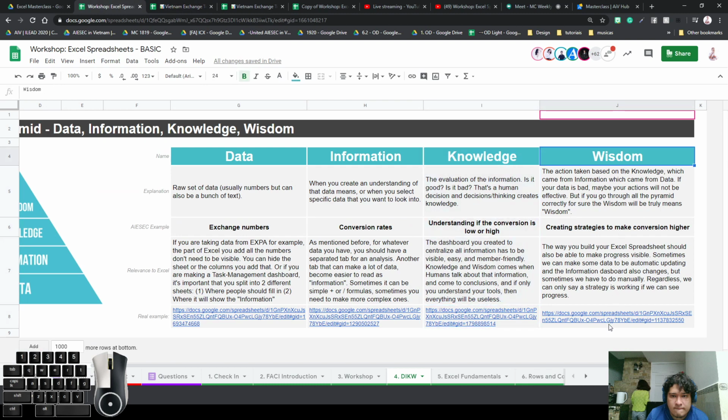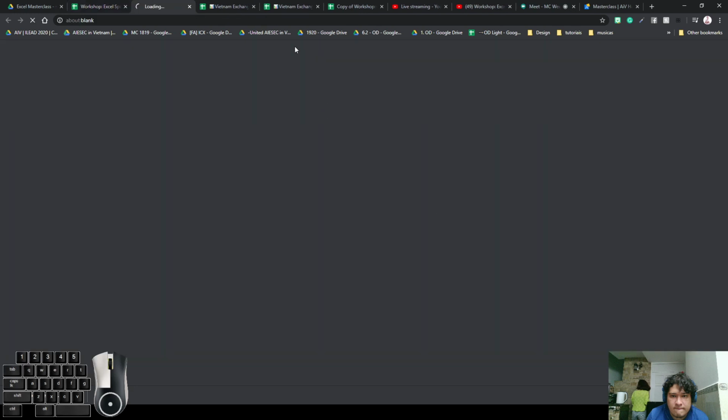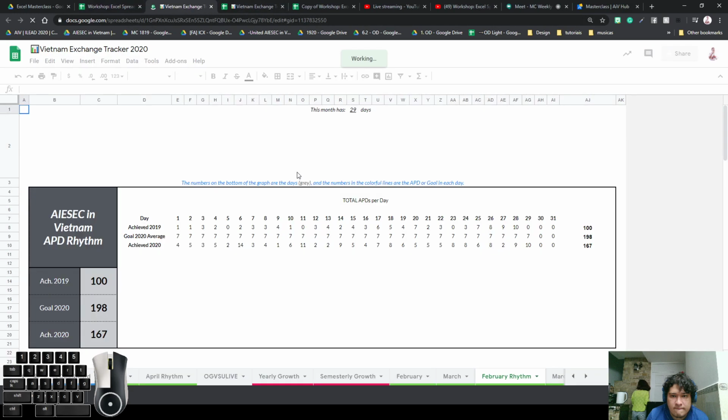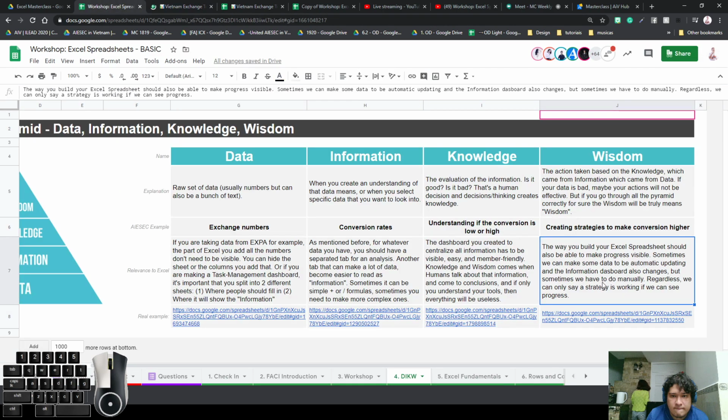And there's wisdom. I don't remember what example I put here. Let me see. Oh yeah. Okay. So what is the relevance of understanding what wisdom is for Excel if we're trying to build Excel spreadsheets? The relevance is that whenever you're doing a strategy that was created because you saw some data, some information, and you came up with some knowledge, you also want to follow up.